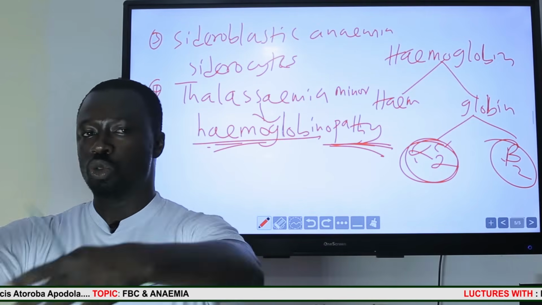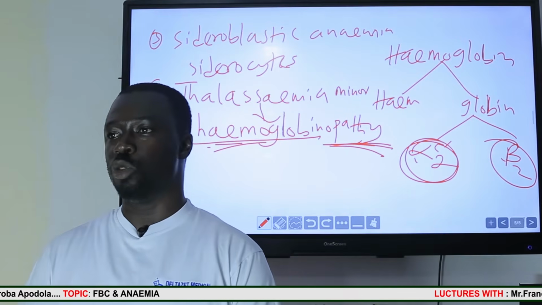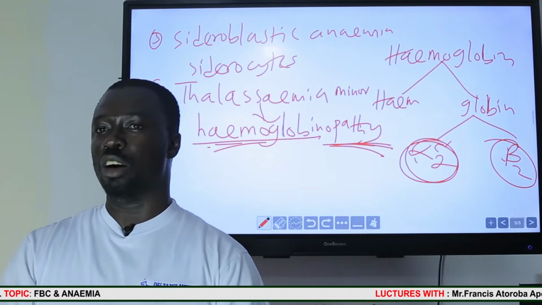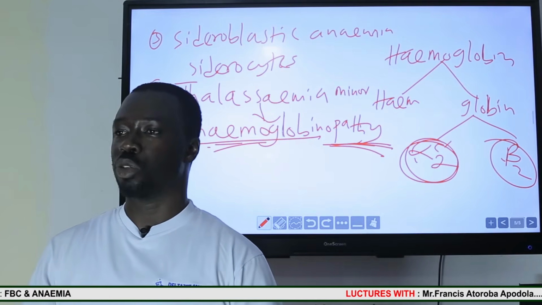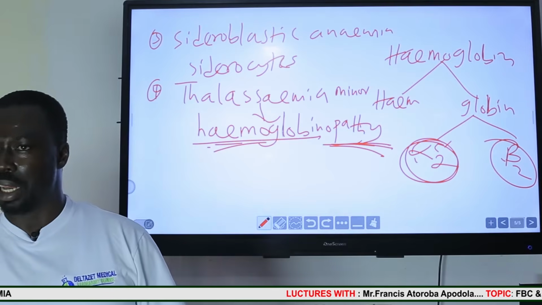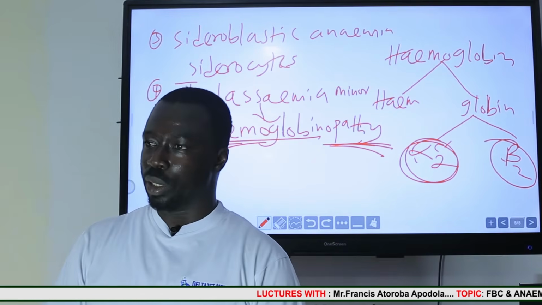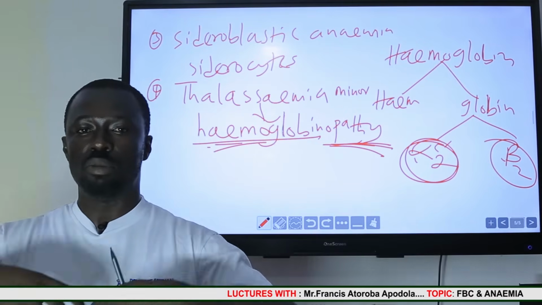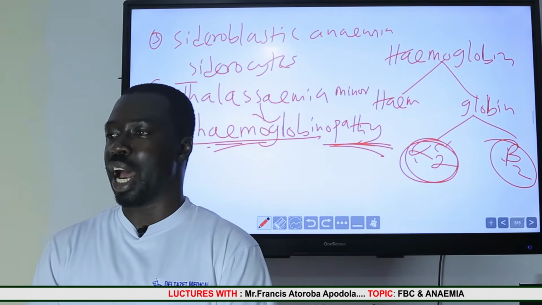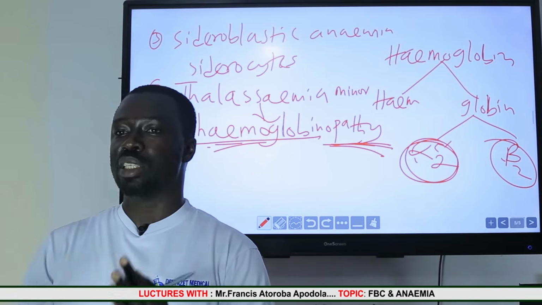So clinicians usually ask about the occupation to know whether the abnormality is as a result of lead poisoning. Then we look at sideroblastic anemia, where there is iron available, but the iron is not being utilized, and it is captured in cells. We call them siderocytes, and that is the sideroblastic anemia.